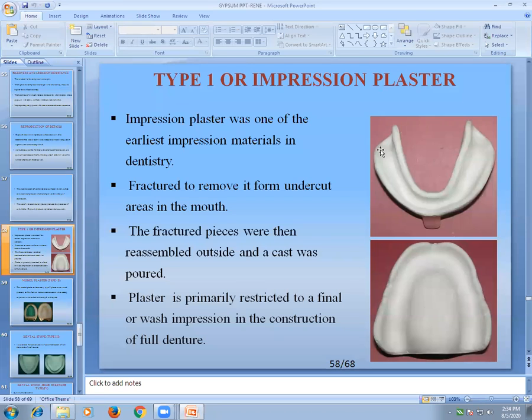The impression plaster is a very brittle material, so in case of an undercut, it fractures easily when removed. That is one of the drawbacks of this material. The fractured pieces were then reassembled outside and the cast was poured. The plaster is primarily restricted to final or wash impressions in the construction of full dentures.